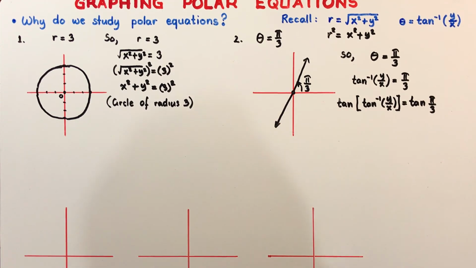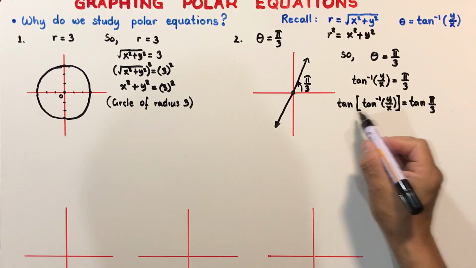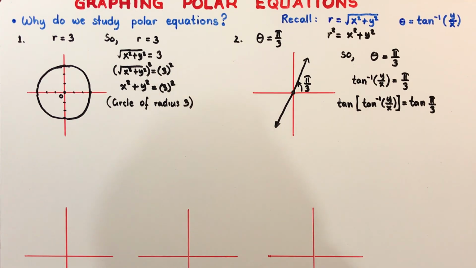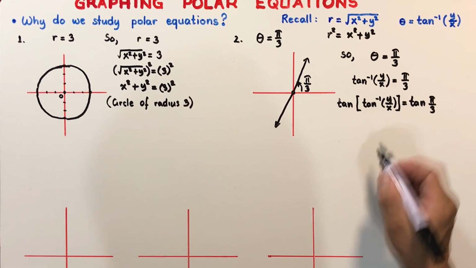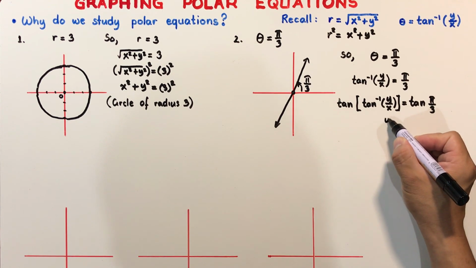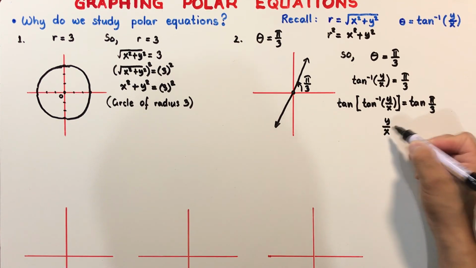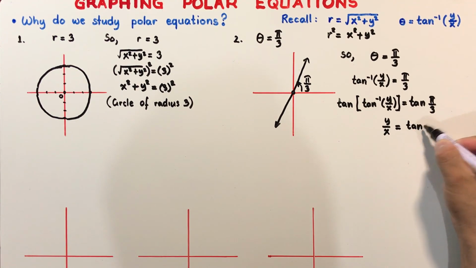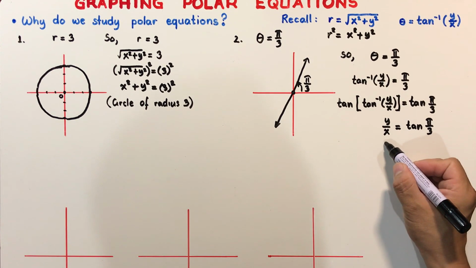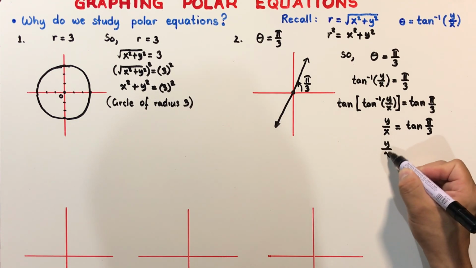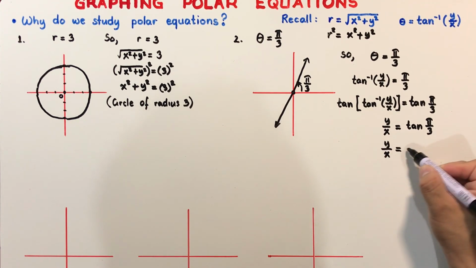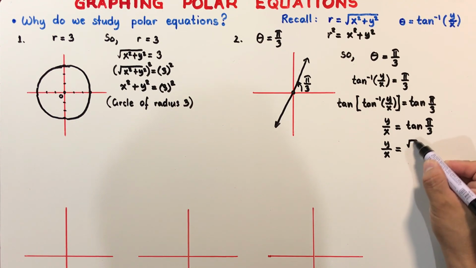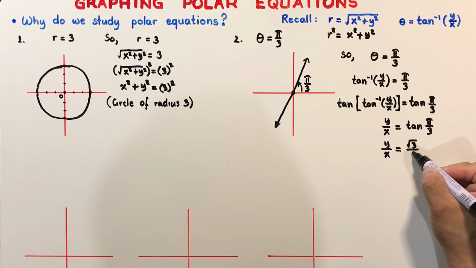And you know from your trigonometry that tangent and arctangent are inverses of one another, so they cancel each other. So what will remain is y over x, and this is equal to the tangent of pi over 3. And you know from your trigonometry that the tangent of pi over 3 is equal to square root of 3 over 1.